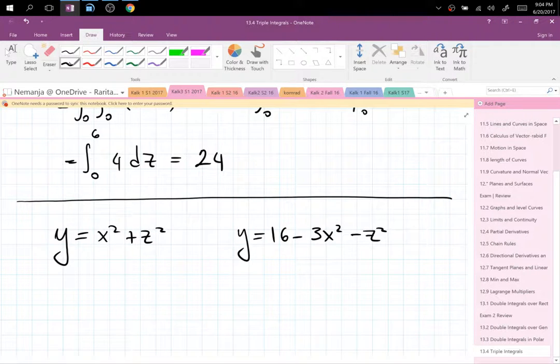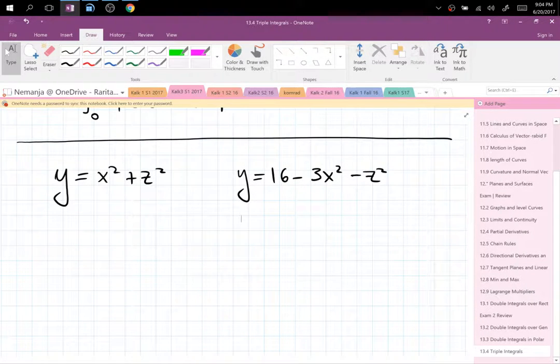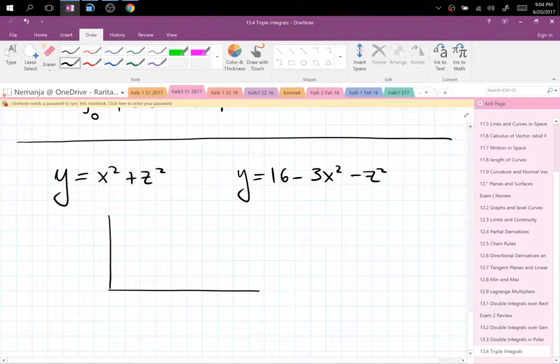So what are we going to do? Well, first of all, graphing these, we are wrapping this around which axis? Which axis is special? Y, very good.